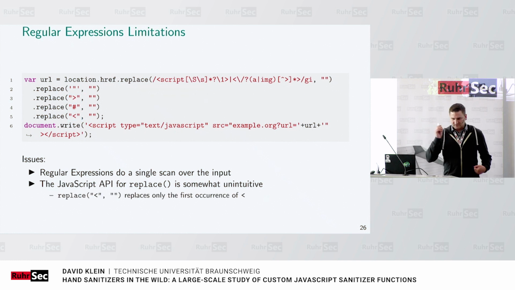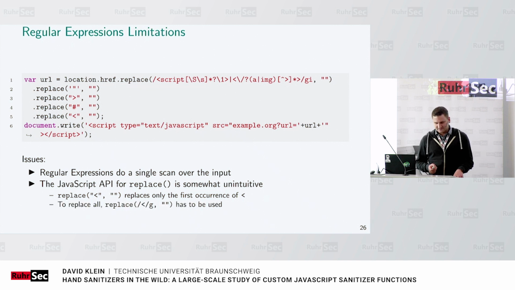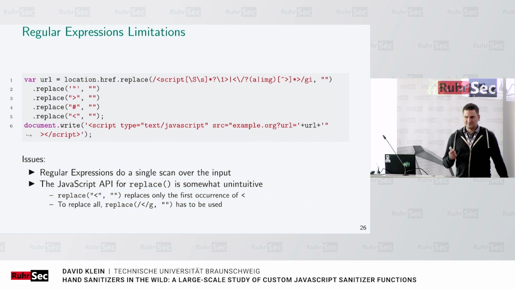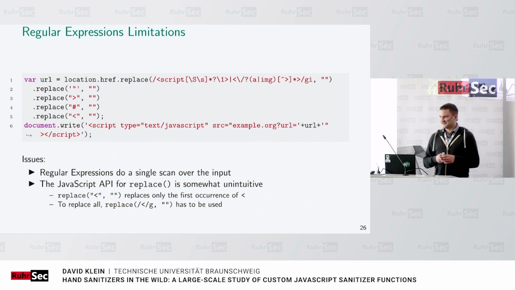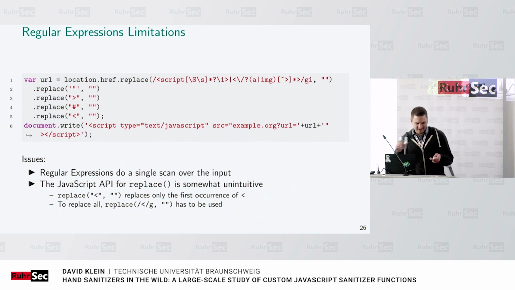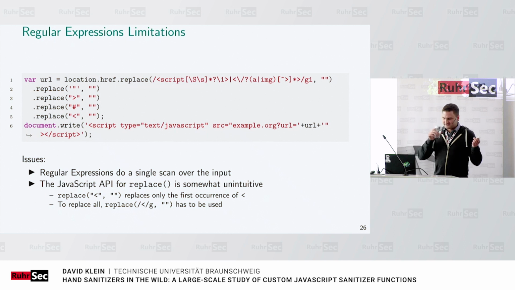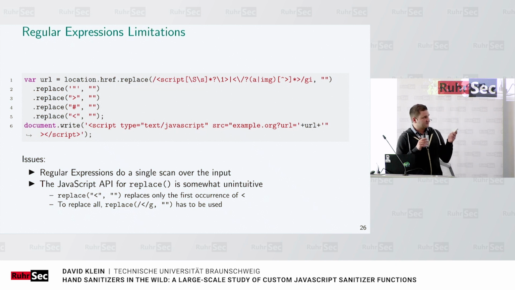If you call it with a string as first argument, it only replaces the first occurrence. And if you want to replace all occurrences, you have to either pass a regular expression with a global flag or use replaceAll, which I learned about yesterday, apparently. But nobody uses replaceAll. So a lot of people make this mistake. This was probably the most frequent mistake we encountered.